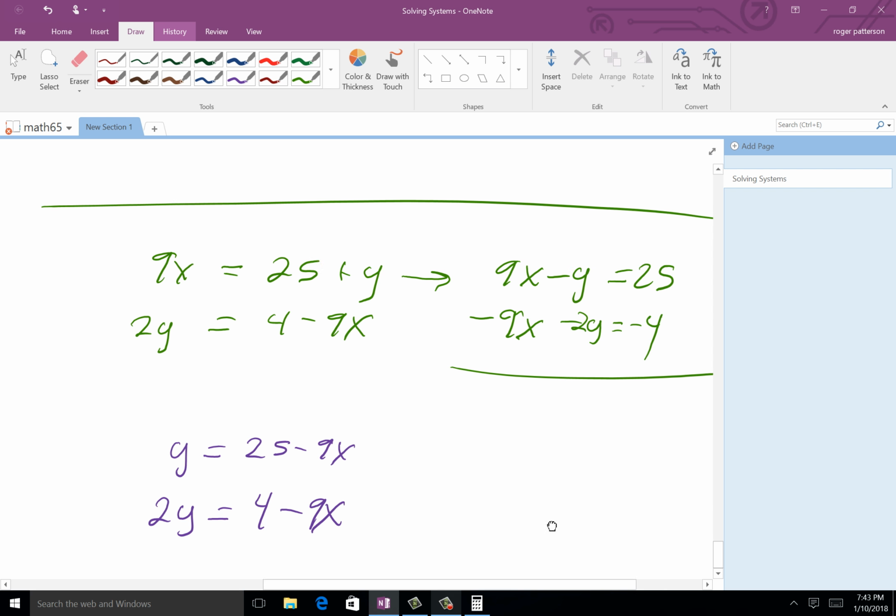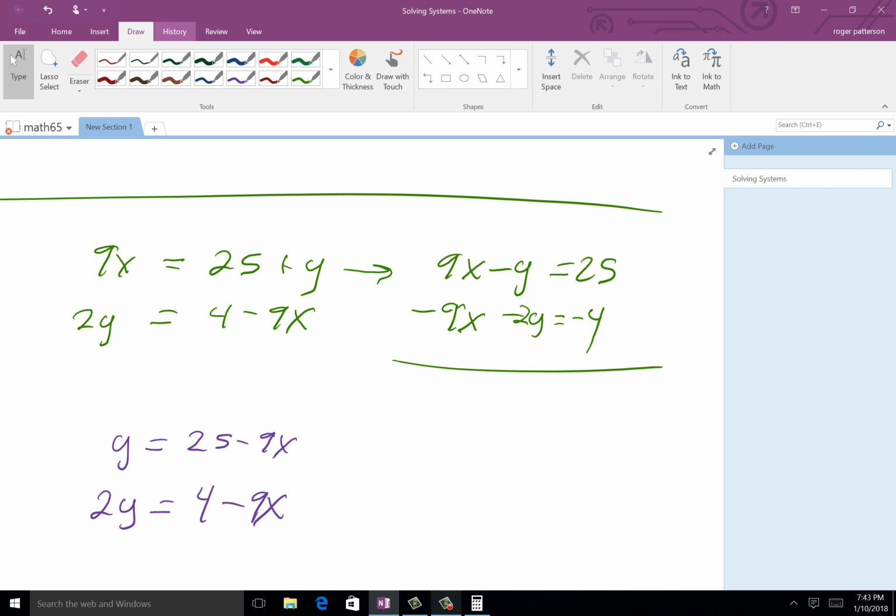All right. So if we did this top one over here, what are we going to eliminate? This is an obvious one to eliminate. X. Do we have to multiply by anything? No. It's already ready to go. We have 9x minus 9x. So that's great. So we're going to get a negative 3y here and a 21 here. So what does y have to turn out to be? Negative 7, right?